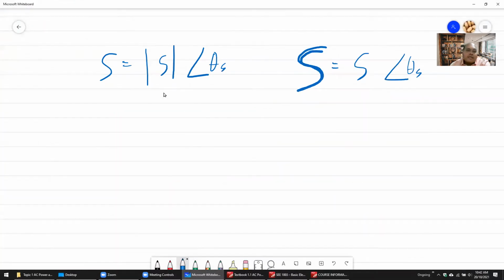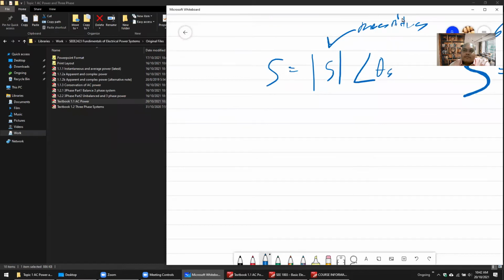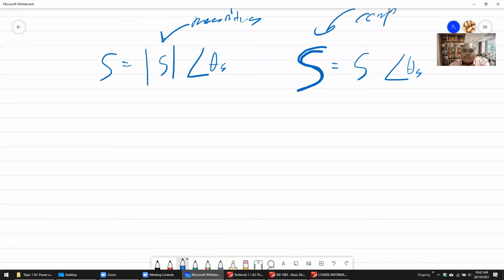This one represents magnitude, the absolute value. Bold means that this one represents the complex value, and the non-bold one represents magnitude. Make sure you don't get confused.